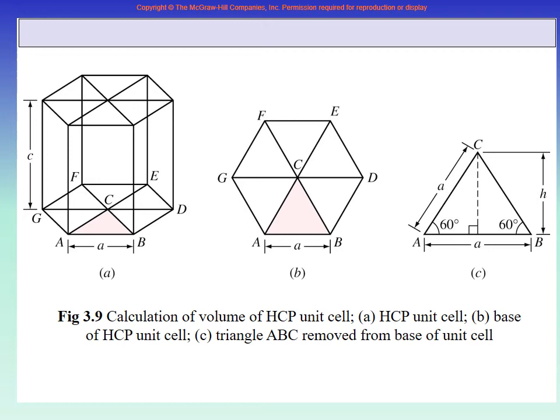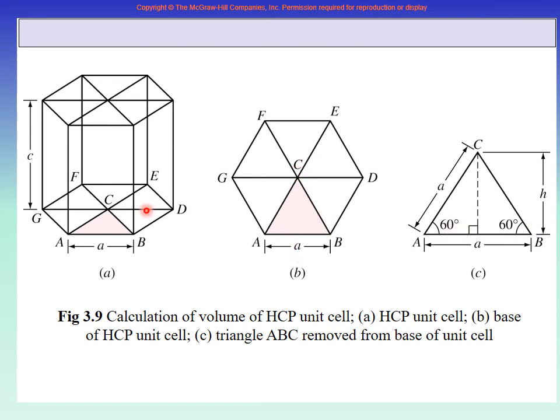You see the base, just join the opposite diagonals, so you get this figure. And now you get 6 equilateral triangles, right? They are all equal. In one triangle, any side is A. Since this is an equilateral triangle, all angles are 60 degrees.